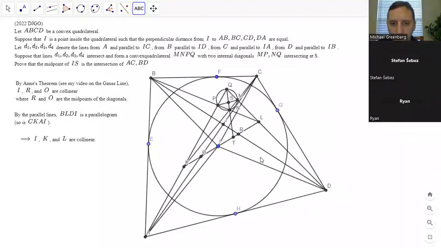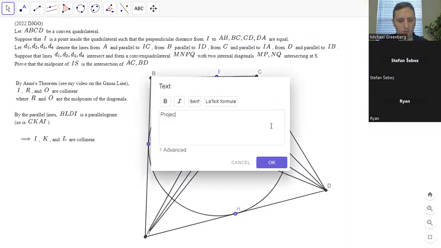And you got that by projecting, sorry, did you project through N? Through L, onto BD. Projecting through L onto BD.